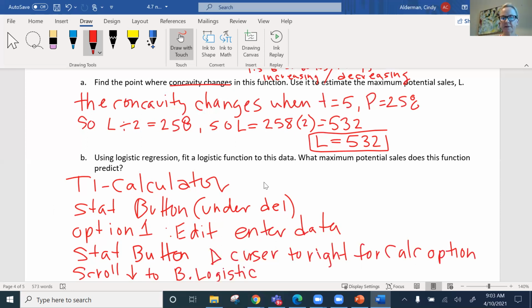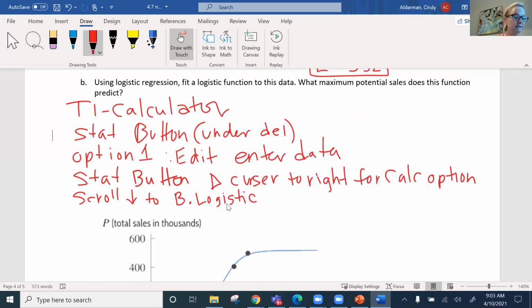Now, depending on what model calculator you have, it may not be the B option, but you want the logistic graph. And then you hit enter a bunch of times: once, twice, 3 times, 4 times, 5 times, 6 times, or however many times in your calculator it takes for it to calculate it.